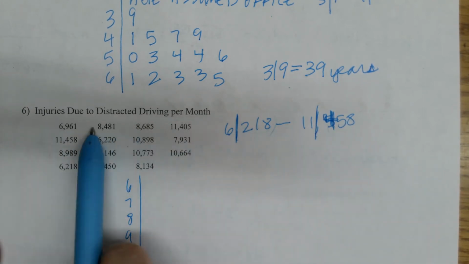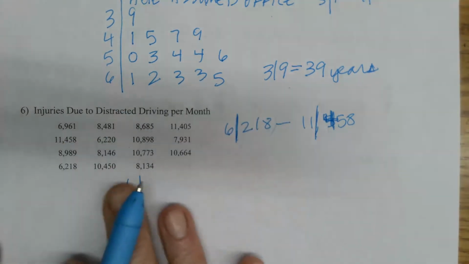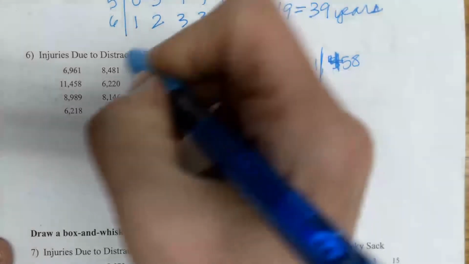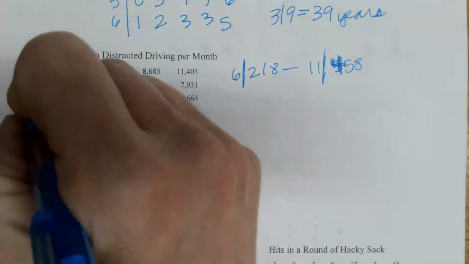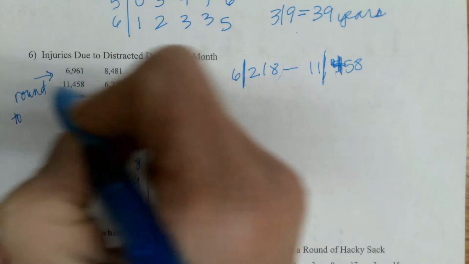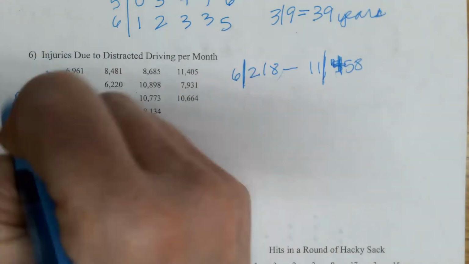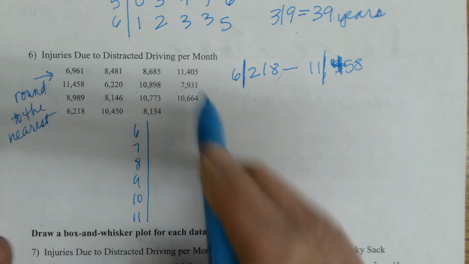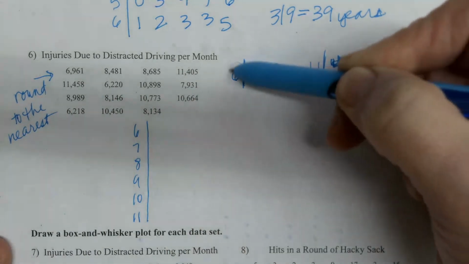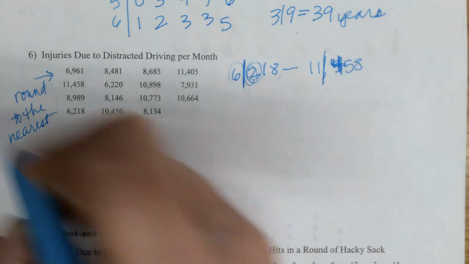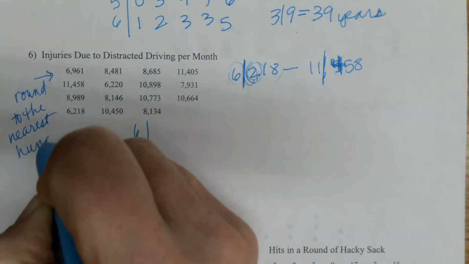So what I'm going to have to do in this set of data, which I'm going to let you guys finish off on your own, is round all your data to the nearest hundred. If this is my thousands, I need one number after that for my leaf, so I need to round to the nearest 100.